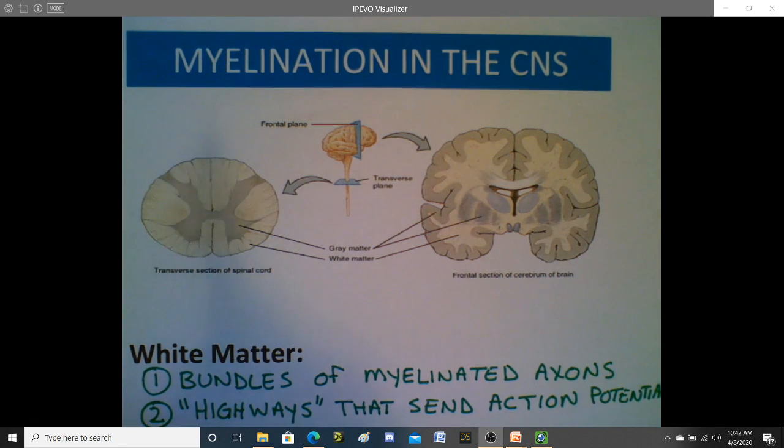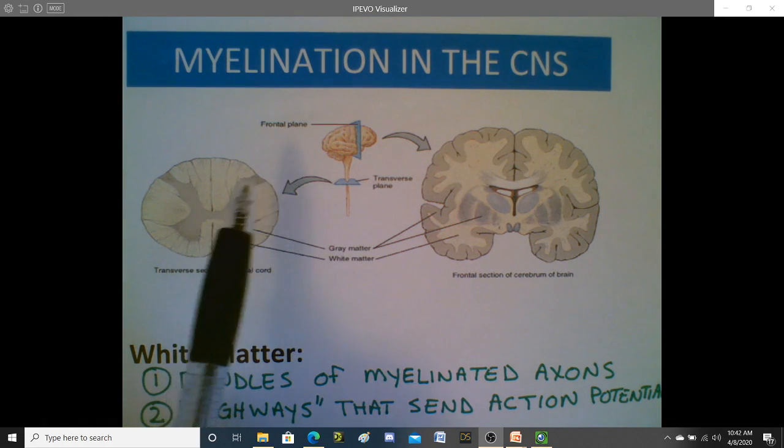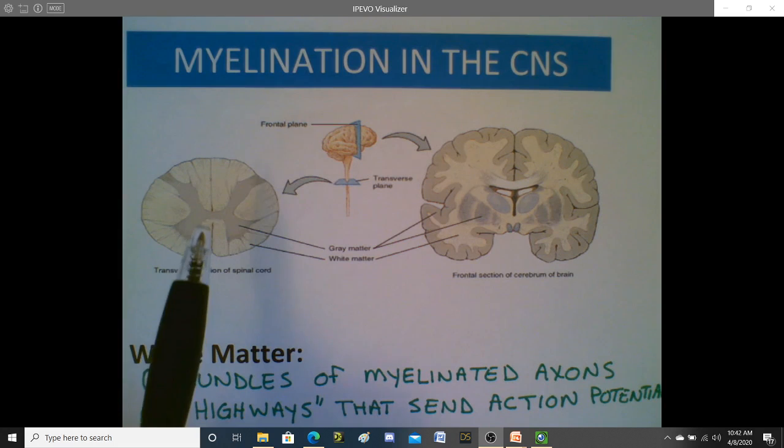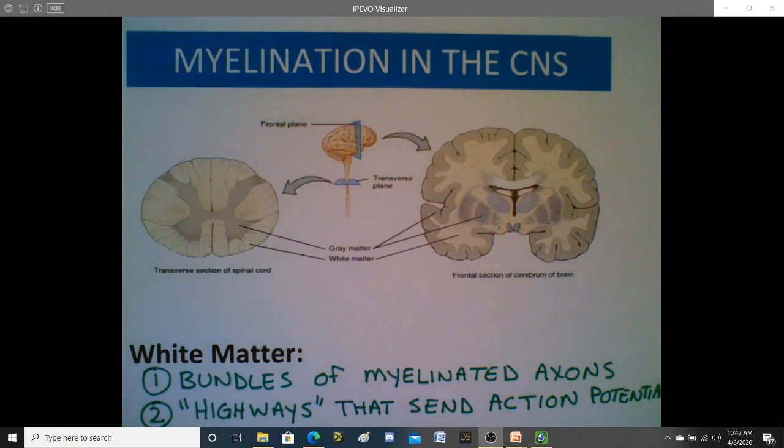And in the spinal cord, gray matter forms kind of like an H shape or a butterfly shape that is more centralized. These are going to be processing centers. Our spinal cord can process information along with our brain.